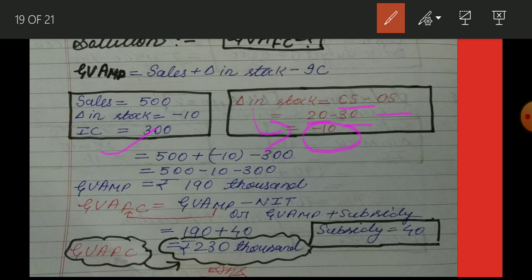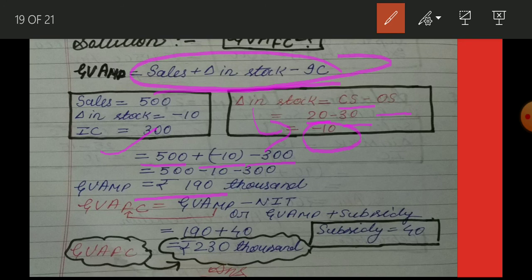Now we will put all the values in this equation. Sales is 500, change in stock is minus 10, and intermediate consumption is 300. So when we subtract these values, we get GVAMP equal to 190.